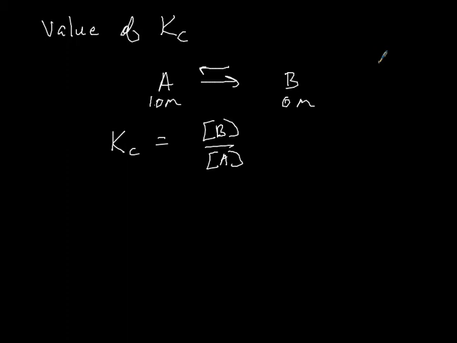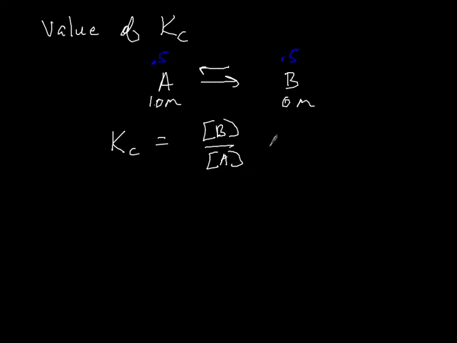And at equilibrium, let's say that half of A converted into B. So at equilibrium, if half of A converted into B, there'd be half of A left, 1 molar divided by 2 is half, and we would have 0.5 molar of B, because for every 1 A that reacts, we make 1 B. So at equilibrium, we would have 0.5 and 0.5.